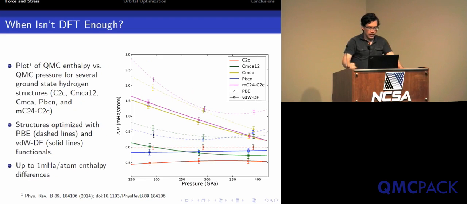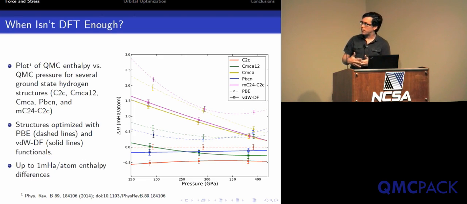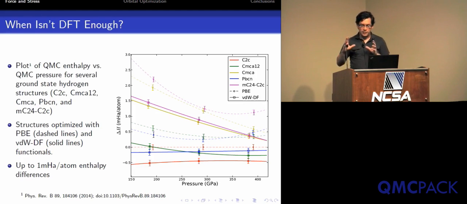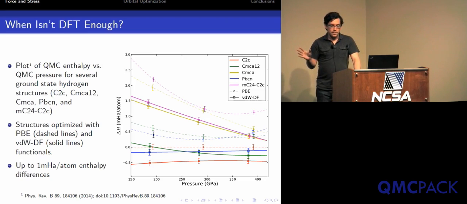And this is not just an academic concern. There will be many arguments in the literature about, well, you know, we might not be good for energies or we might not be good for pressures, but a lot of these differences between structural energies cancel out. The DFT structures might be fine, but this is an example of a benchmarking study we did in dense hydrogen.